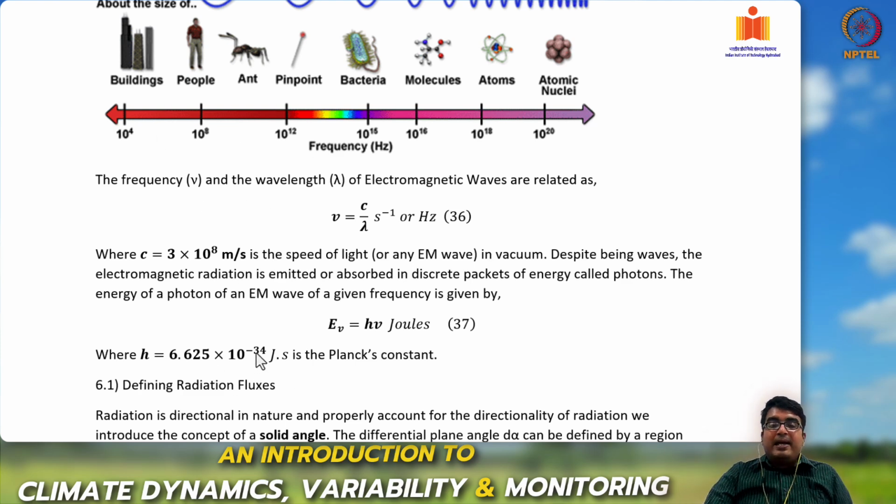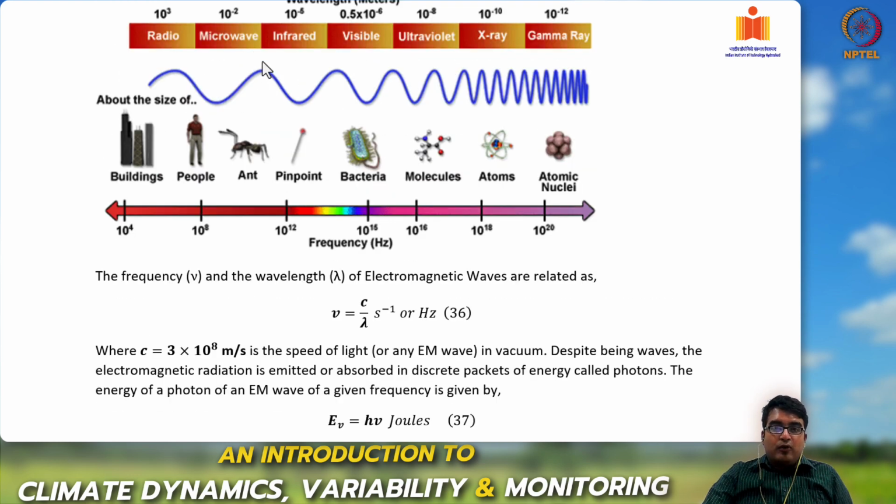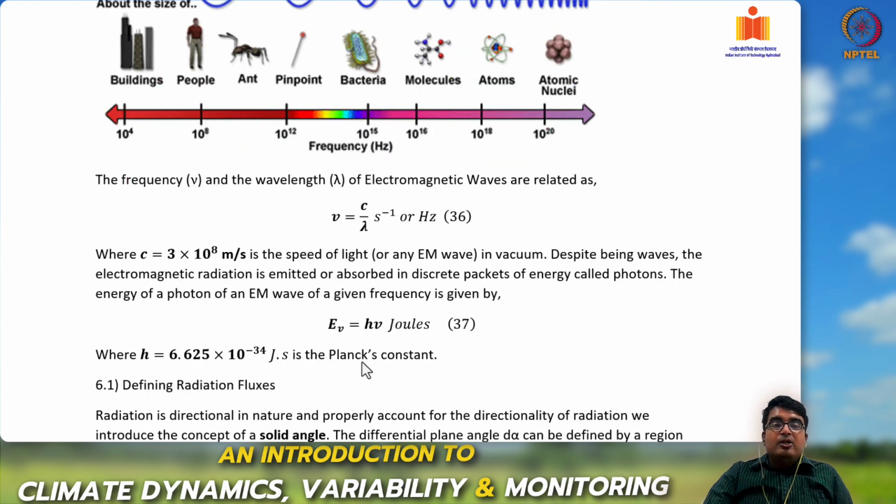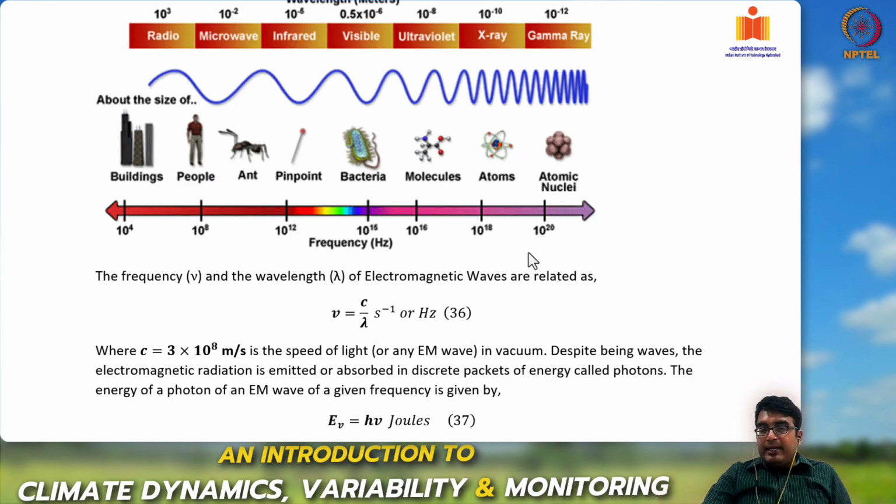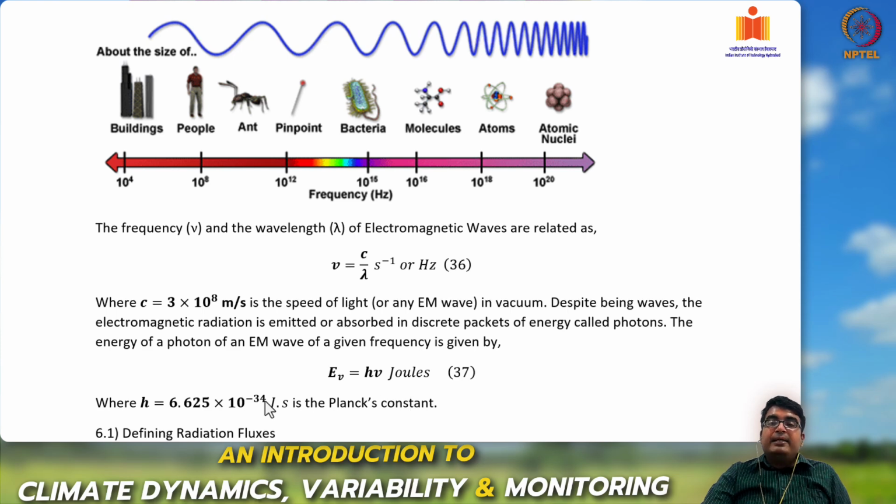For microwave and infrared, with frequency around 10 to the power 8, the energy of a photon is around 10 to the power minus 24 joules only. Whereas for a gamma ray, the energy can be 10 to the power minus 14 joules, because here you are getting 10 to the power 20 hertz as frequency.